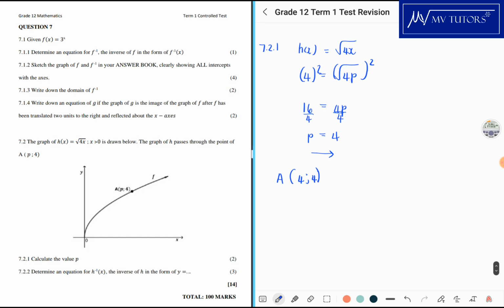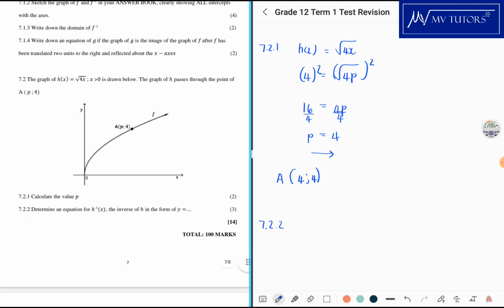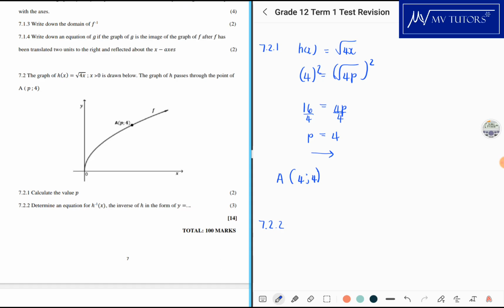And the last question, 7.2.2. It says, determine an equation for the inverse of h in the form y is equal to. Currently we have y is equal to the root of 4x.